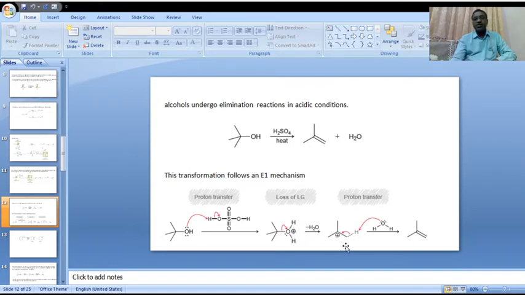To form carbocation. From this carbocation, next loss of that H plus ion, abstracted by water, to form a pi bond. After proton transfer, finally olefin is formed.